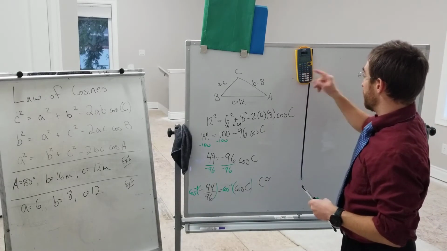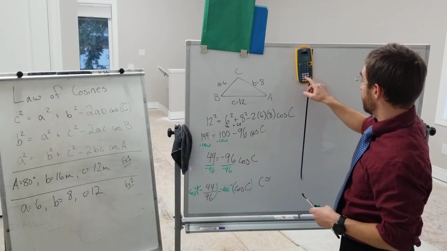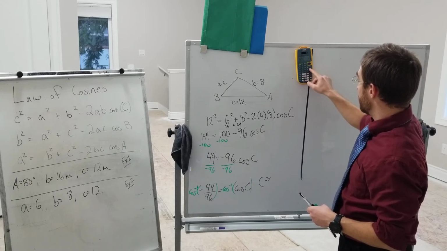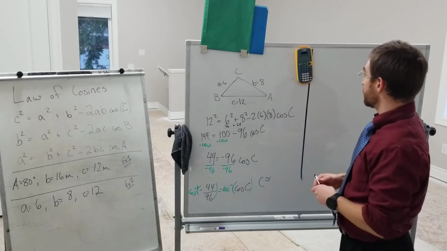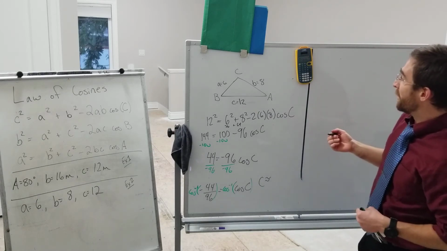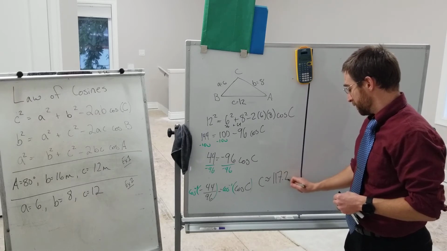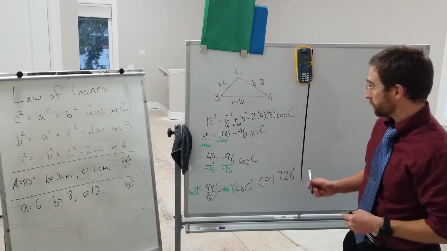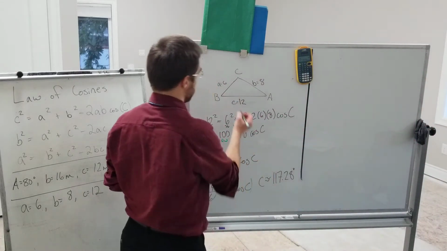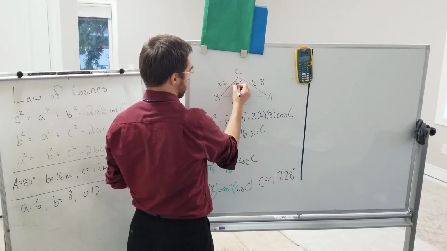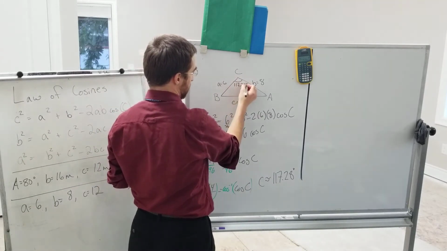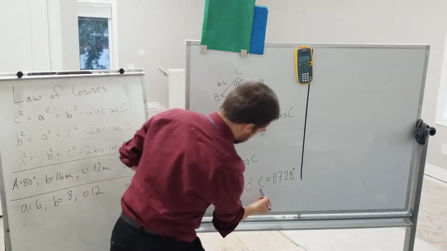Inverse cosine of negative 44 divided by 96, 117.28 degrees. So angle C here is 117.28 degrees. All right.